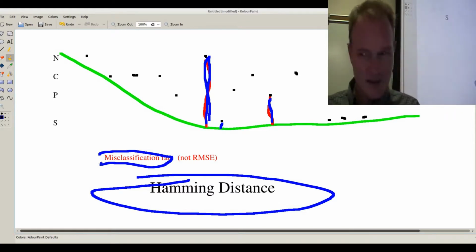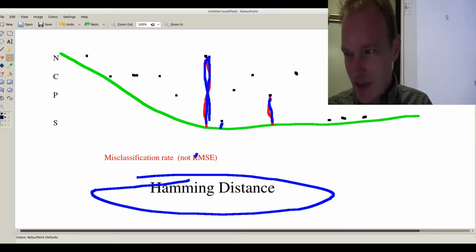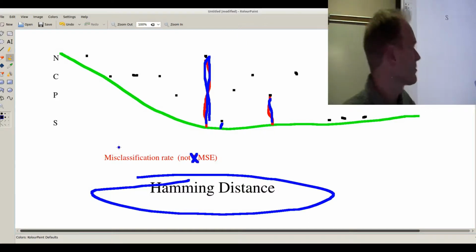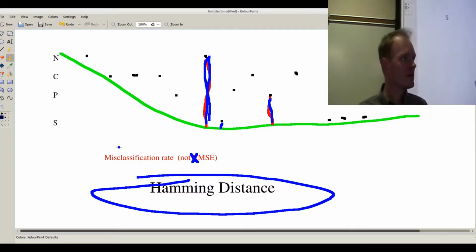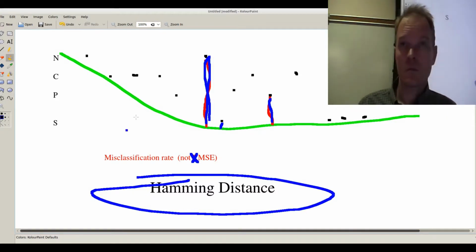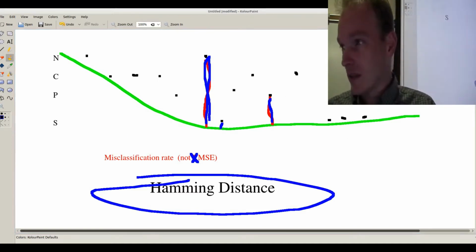So you might say misclassification rate is analogous with mean squared error, not root mean squared error, if you are using Hamming distance on categorical values. Does that make sense? Okay, great.